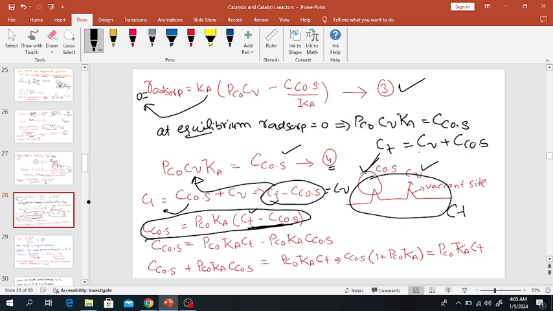Now rearrange this equation. We will get C_CO·S times (1 plus P_CO K_A) is equal to P_CO K_A times C_t.